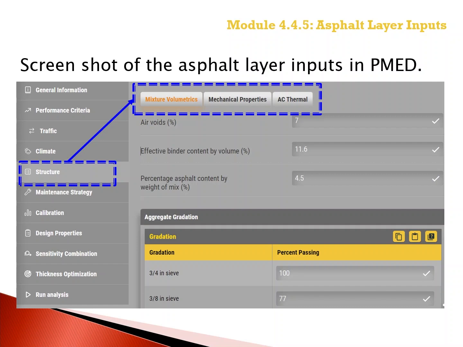The general folder or structure in the asphalt layer is where the asphalt inputs are found. There are 3 tabs for the asphalt layer properties, which are the mixture volumetrics, that's the component and volumetric mixture properties.